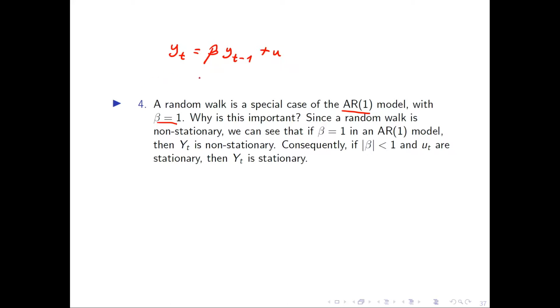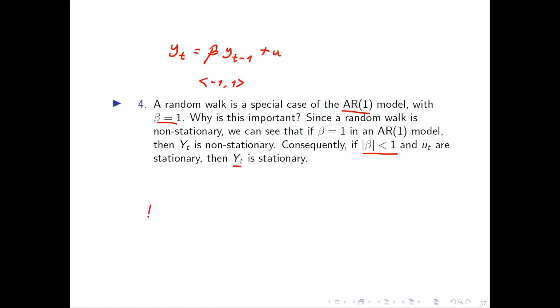But if the beta is less than 1 in absolute value, which means that it's between -1 and 1, not including 1, then we can say that yt is stationary. And why can we do that?